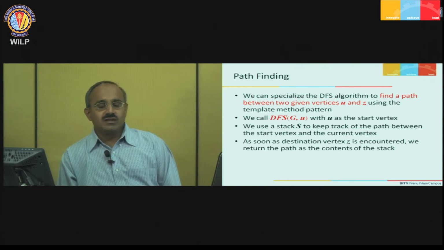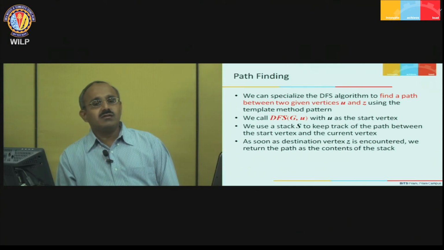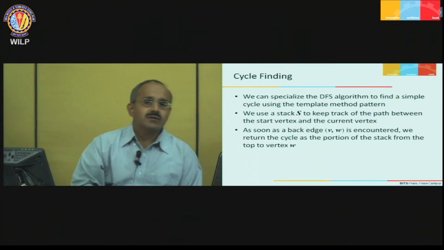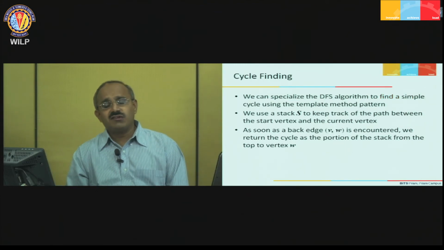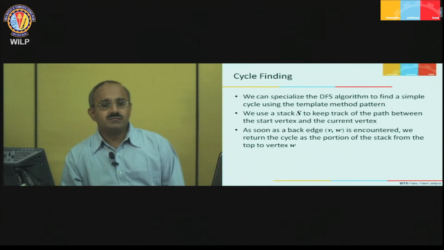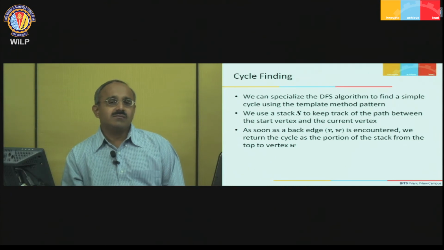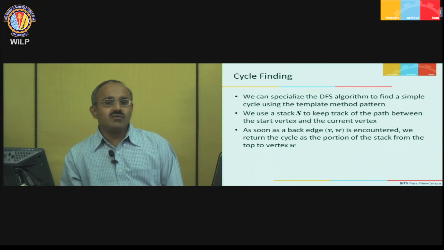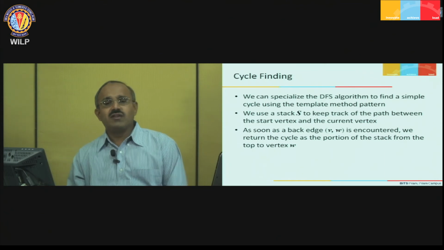If the graph was connected, z would definitely be encountered, and the stack contents will give the path from the source to the destination. This path finding can also be extended to check whether there is a cycle in your graph. In this case, you would just extend the path finding algorithm to the case where your origin and destination vertices are the same.